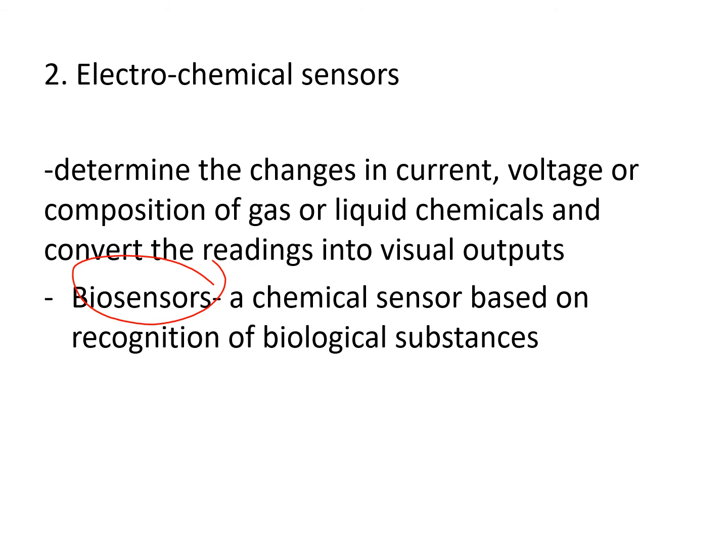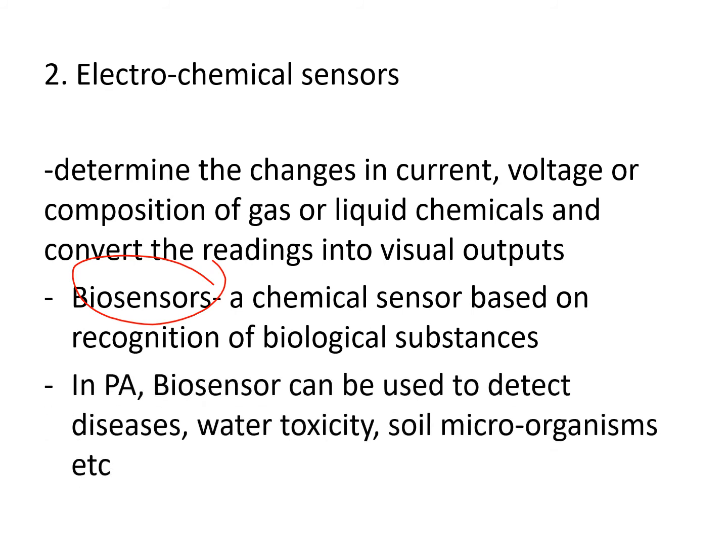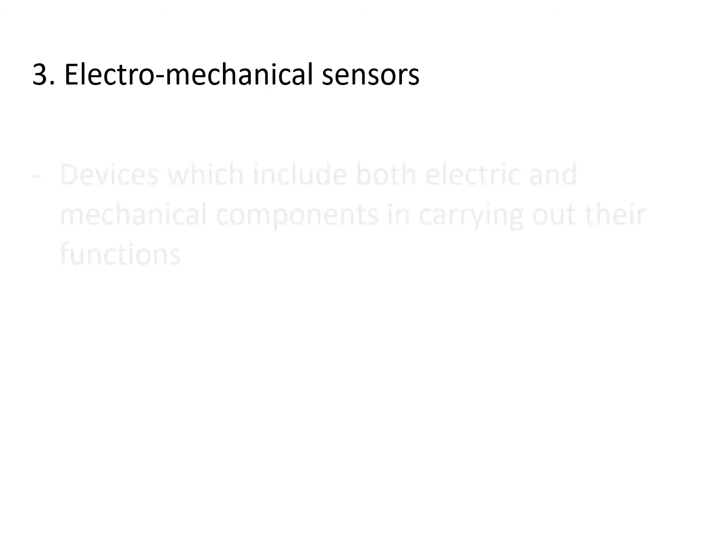These are chemical sensors based on recognition of biological substances, and this can detect things like diseases in animals or in plants as well. Now, in precision ag, the biosensor can be used to detect diseases, as I've said, water toxicity, microorganisms, etc. The third category is the electromechanical sensors.